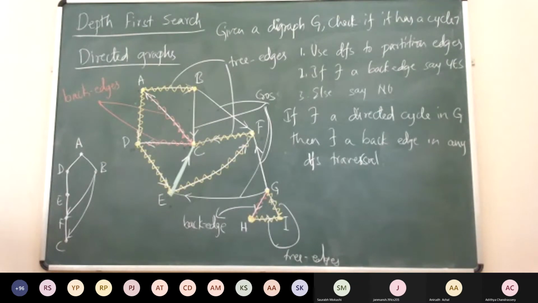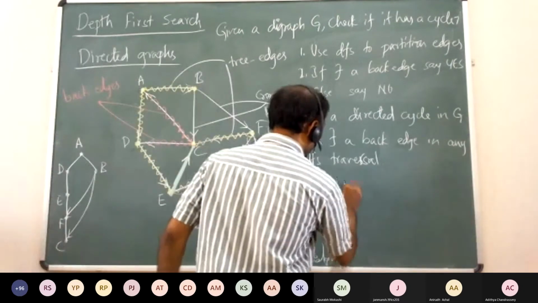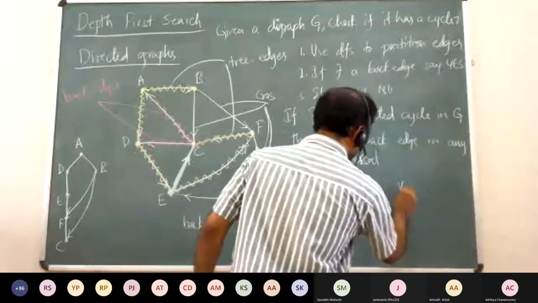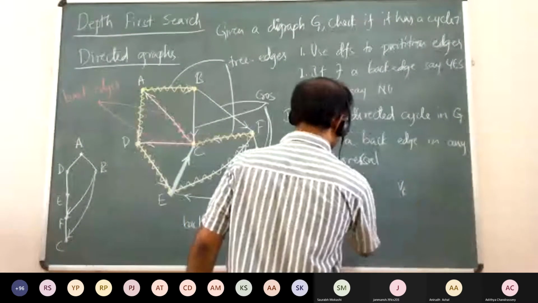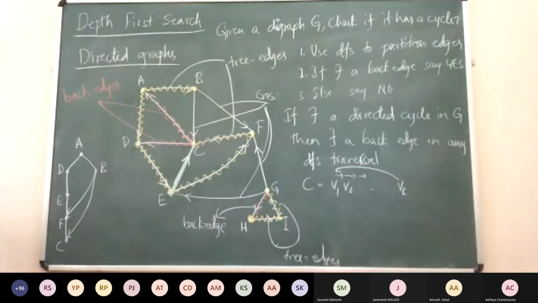Again, one thing we know is this: there exists a directed cycle. You can consider the cycle again as some directed cycle V1, V2 to Vk, so the direction is this way, and Vk coming back to V1. Now, can we do something?